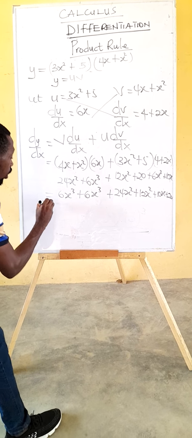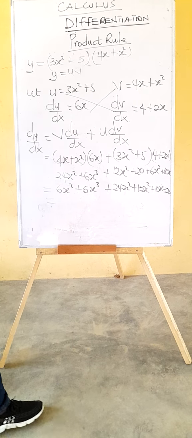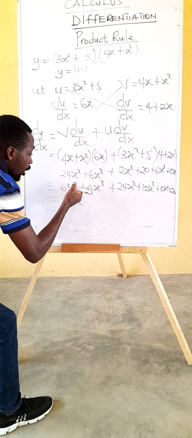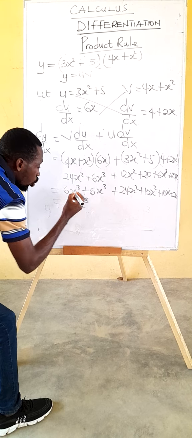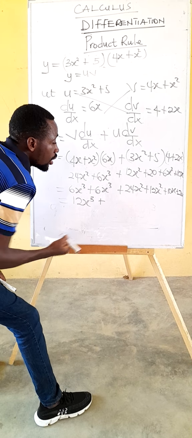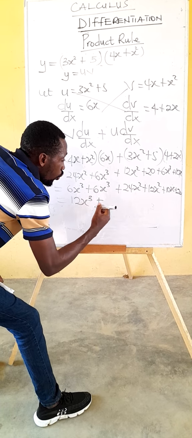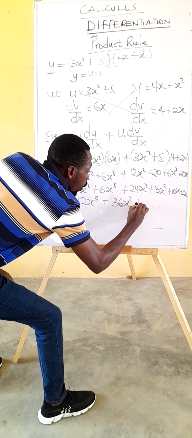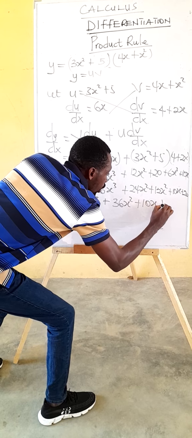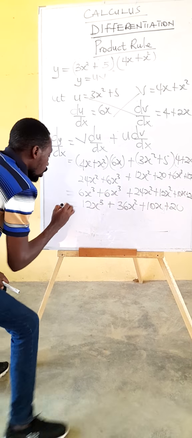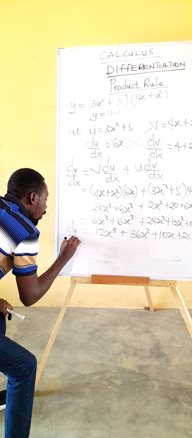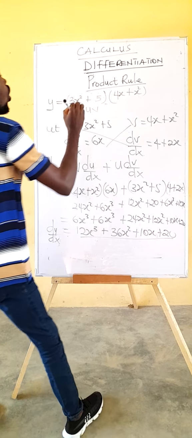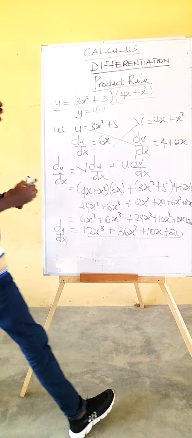We add 6x squared plus 6x squared, that will be 12. 6x cubed plus 6x cubed, that will be 12x cubed plus 24 plus 12, that will be 36x squared plus 10x plus 20. Then this becomes our gradient function of that curve.